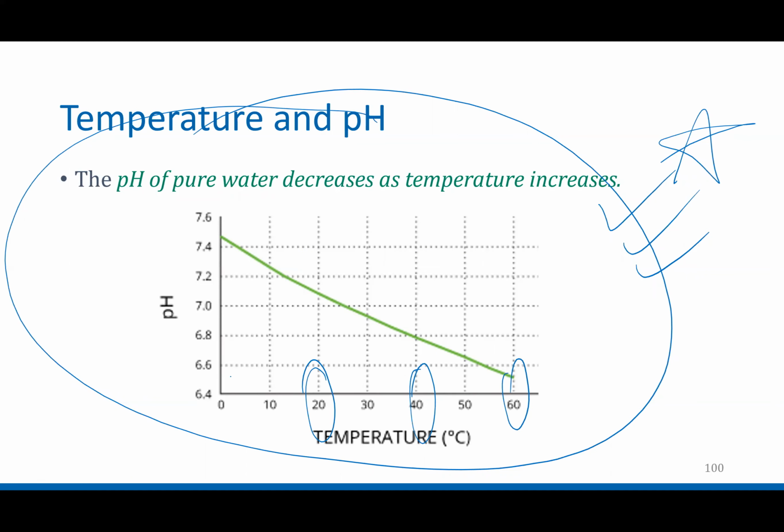Now that I'm thinking about the lab, it was pretty close to these numbers. It was a little bit different because I'm using tap water, and everything's not perfect in my kitchen, but this is definitely something you want to know. The pH of pure water decreases, becomes more acidic, as temperature increases.